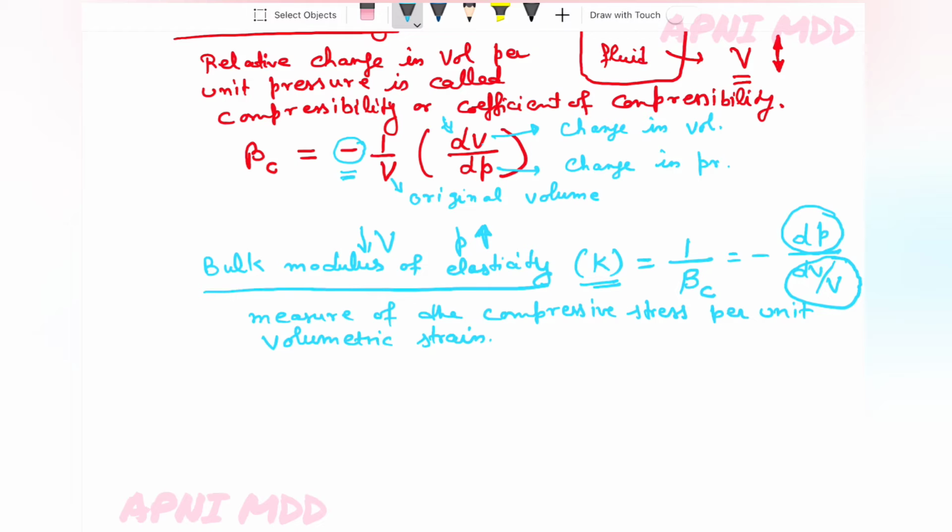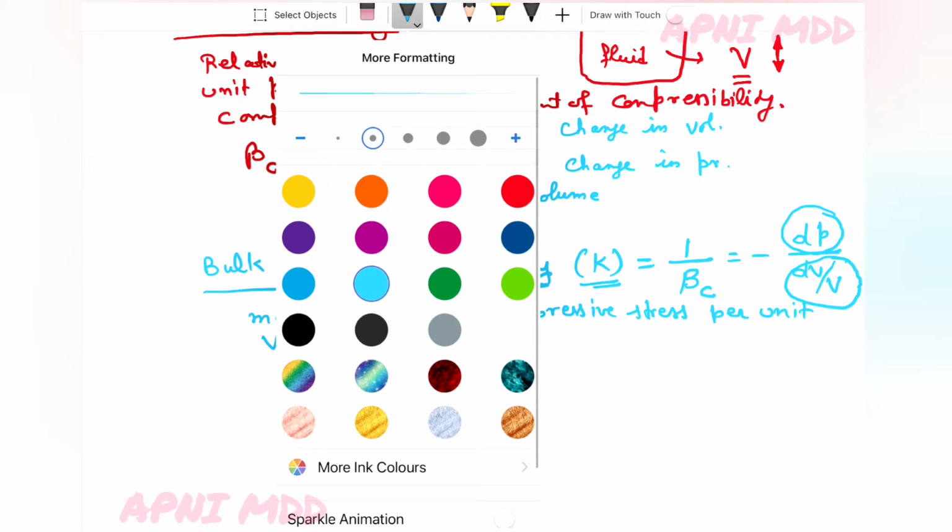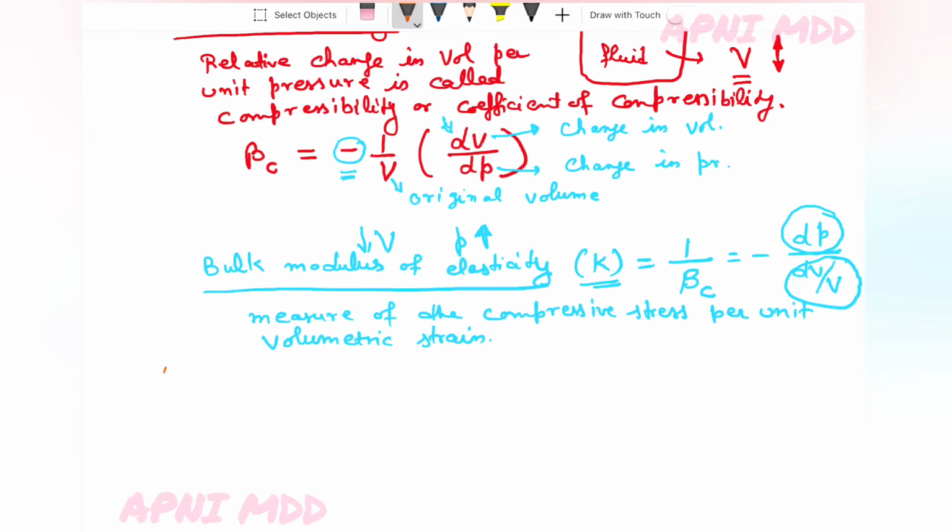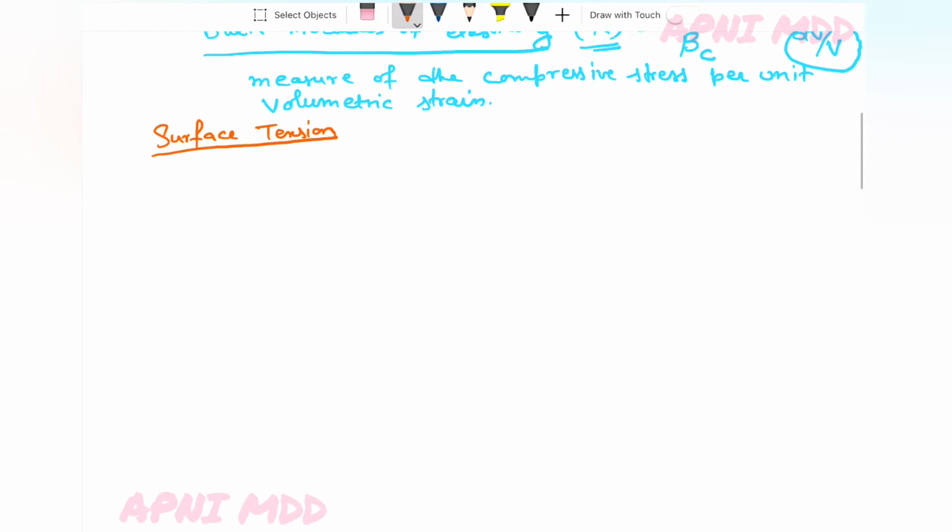Then the next property of fluid is the surface tension. So this we denote by sigma. Now say we have, this is the top liquid surface. So in between we have a liquid. So in this liquid we have different molecules. Now say we have this one molecule.